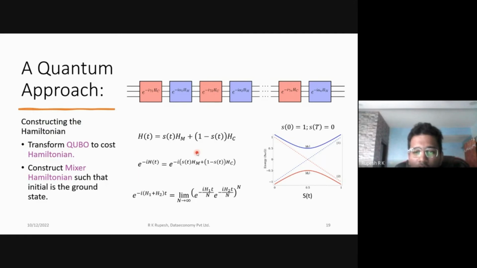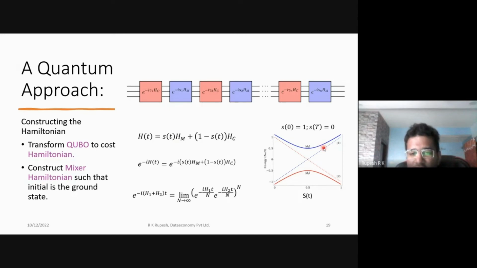Right. What happens in an adiabatic evolution is that we have initially our guess Hamiltonian, which could be called the mixer Hamiltonian, and then we have the actual Hamiltonian whose ground state we wish to find. The way we do this is we start with the ground state. Our initial state is the ground state of this mixer Hamiltonian. Then we change this parameter s(t) ever so slowly so that there are no level transitions.